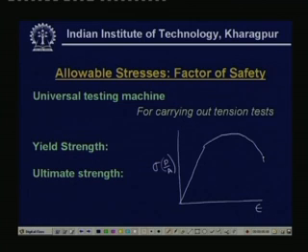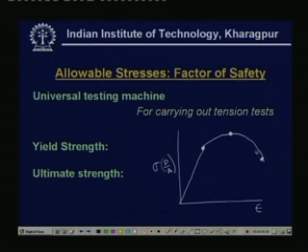Normally this is called the yield point, whereas the proportional limit is a little ahead, and this is the yield point from where the plastic flow begins. Then we have an ultimate stress point and somewhere a fracture point.